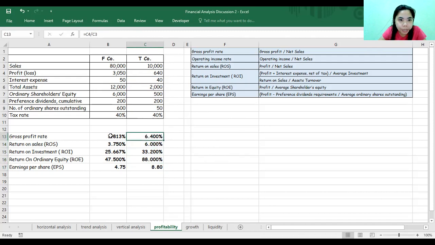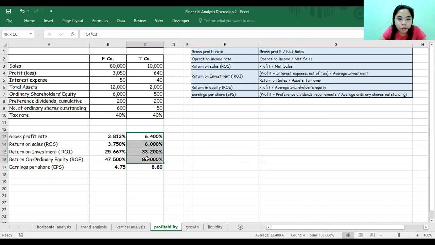So when we compare, when it comes to gross profit rate, T company is more profitable than F company. And also when it comes to return on sales and return on investment, T company is better than F company, since its gross profit rate, return on sales, return on investment, return on equity, and its earnings per share are higher than that of F company.